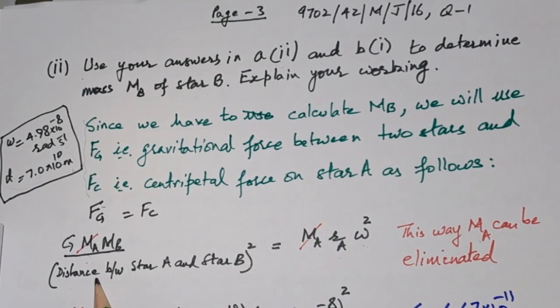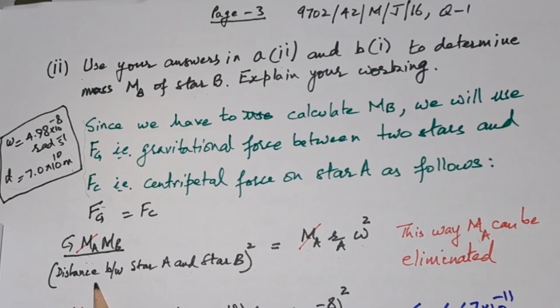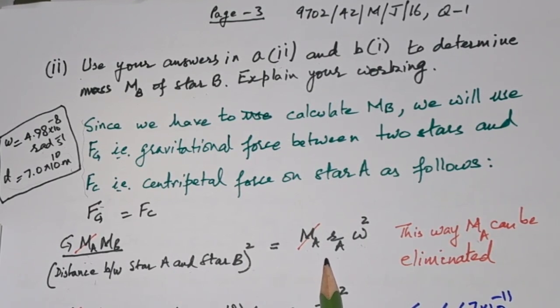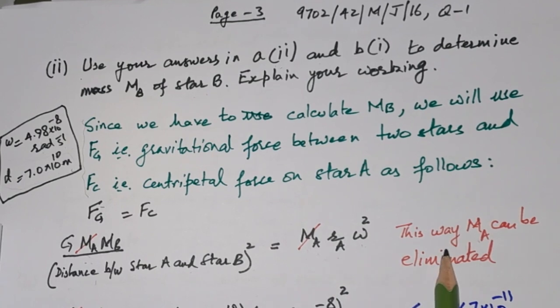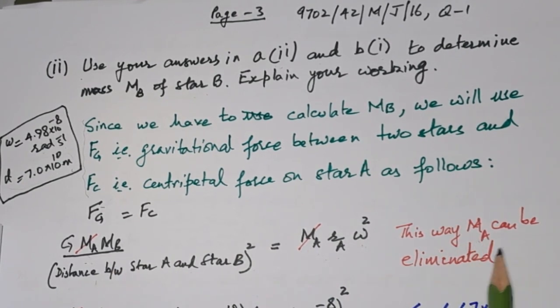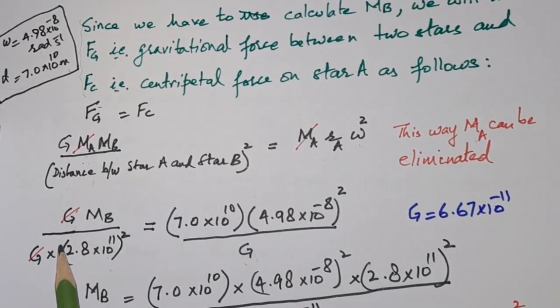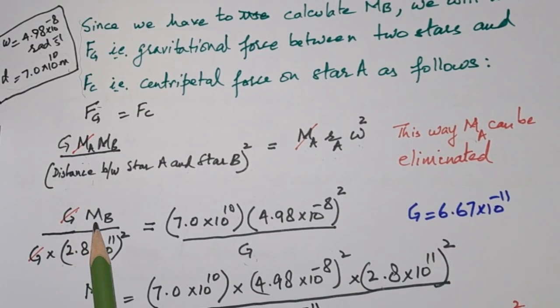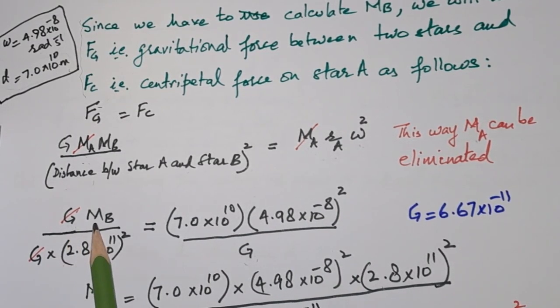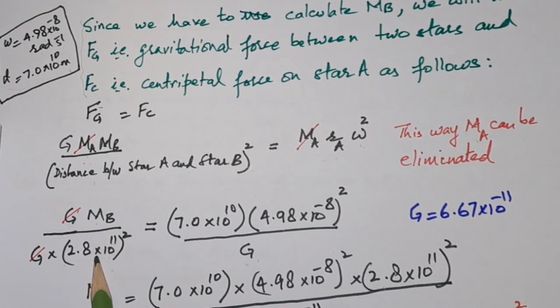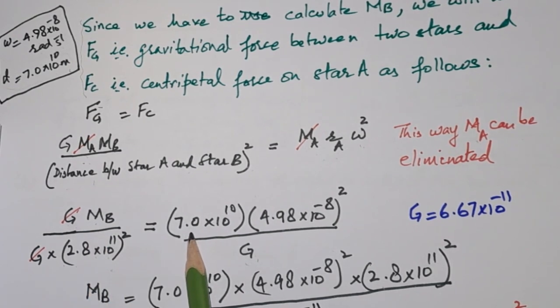We put in the formula for Fg, and we put in the formula for the centripetal force of star A, and this way we have MA on both sides, so MA can be eliminated, and we are left with G MB over distance squared equal to this.